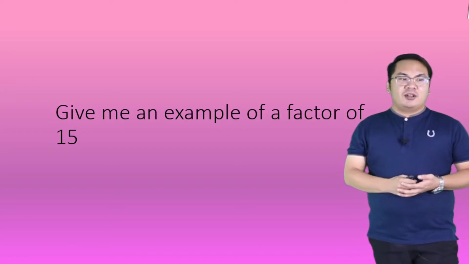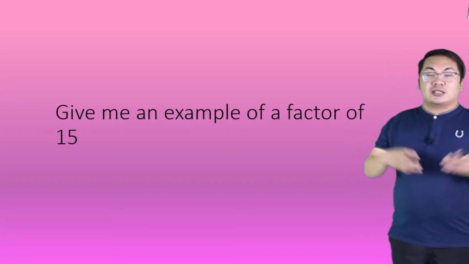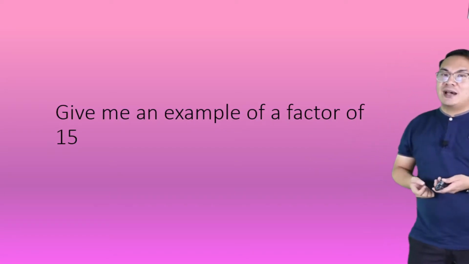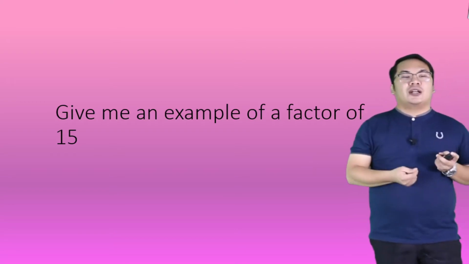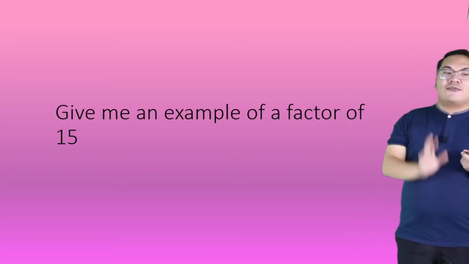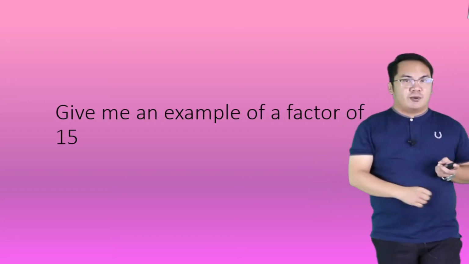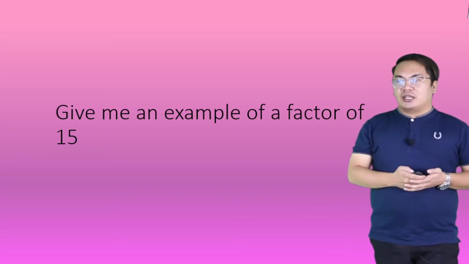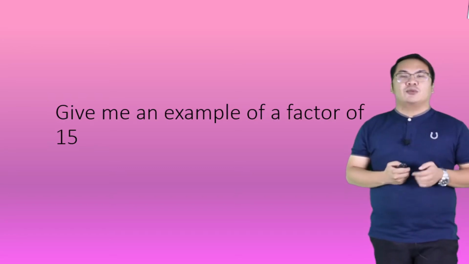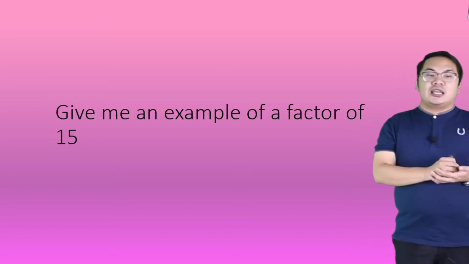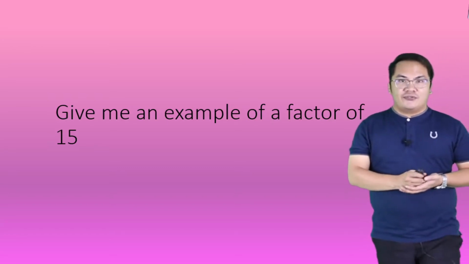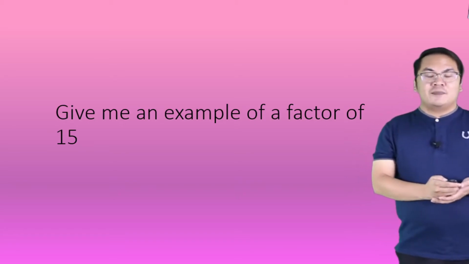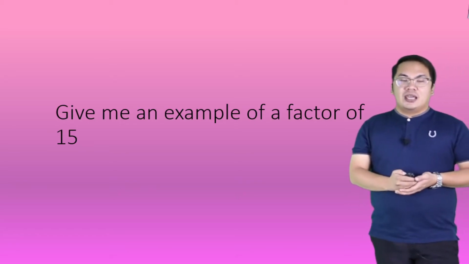Give me an example of a factor of 15. That is my example a while ago. We are just going to factor it. It means that 3 and 5 are the factors of 15. That is correct, because if we multiply 5 and 3, it equals 15. So the factors of 15 are 3 and 5.